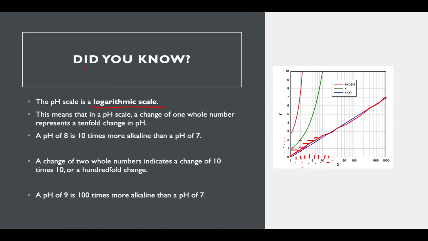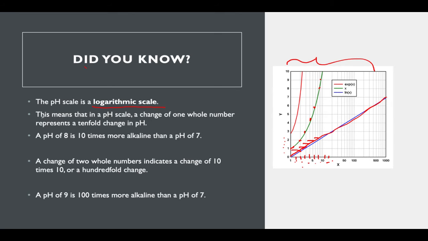But on a logarithmic scale, if you add a little bit extra, look at the strength. It suddenly starts to increase and increases rapidly. This is just an example. This is not something that's in the book, but it gives you a visual understanding of the difference between a linear and a logarithmic scale.